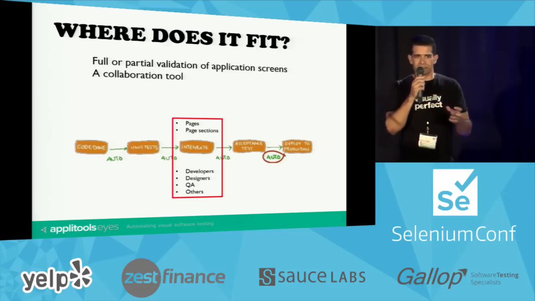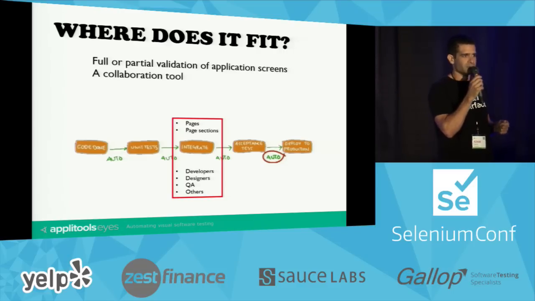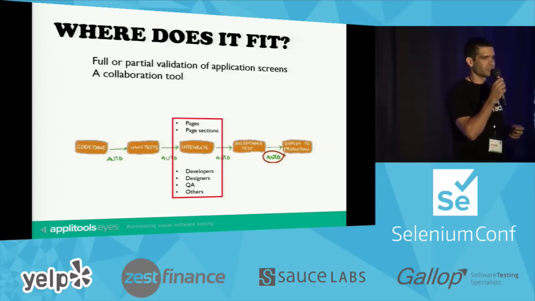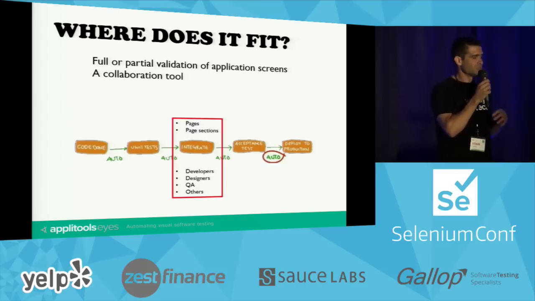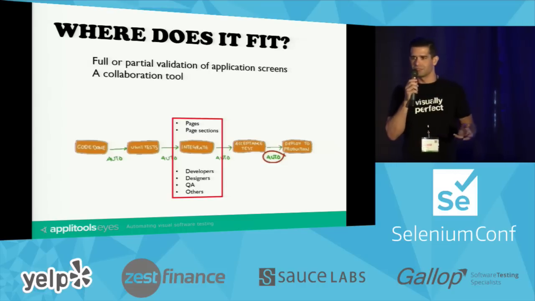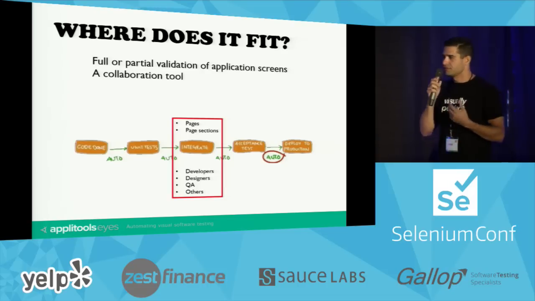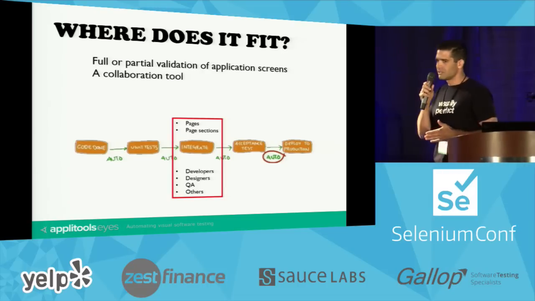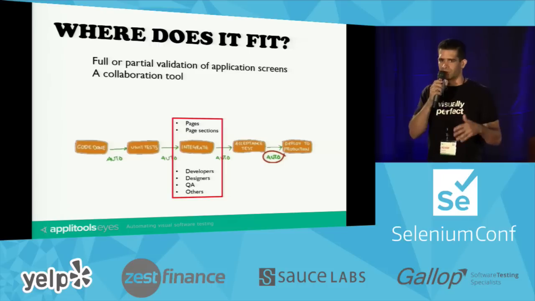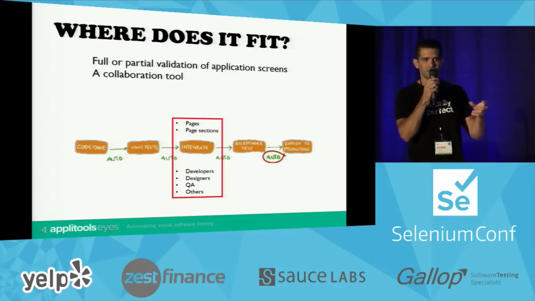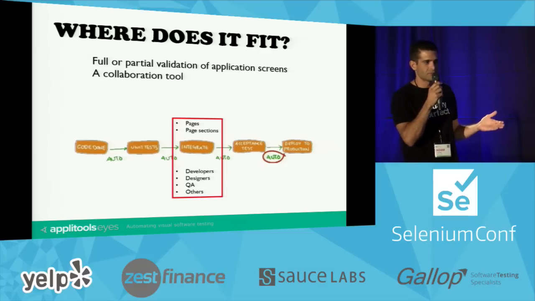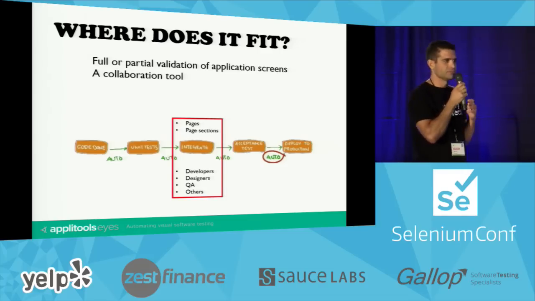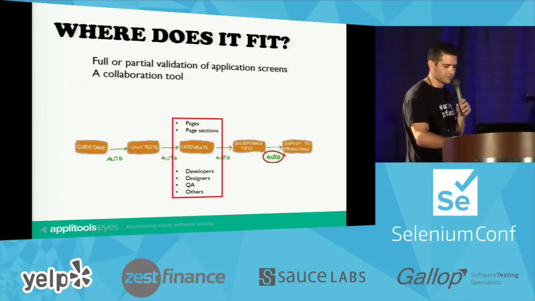Beyond providing very strong coverage for how your application looks, it also becomes a very powerful collaboration tool in the team, because suddenly you have a single dashboard where everyone can see what changed recently. It doesn't have to be a bug. Perhaps it could be a button that was moved and the product owner is not happy with it. They can provide feedback immediately, and don't have to wait for the sprint to end to see it.